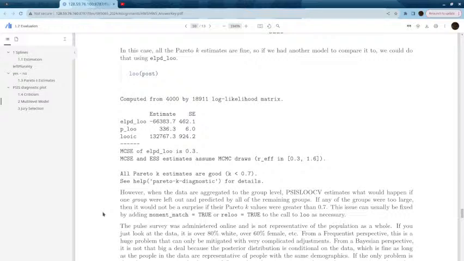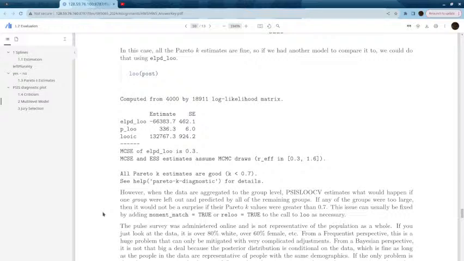But from a Bayesian perspective, it's not actually that big a deal, provided that the people in the data set are representative of the people that have the same demographics in the population. So if the only problem is that it's 60% female and almost 40% male or whatever, as long as the female and male people in the survey are representative of female and male people in the population, we can deal with it. If the only thing we have is that it's supposed to be 50-50 and actually is 60-40, then I'm talking about post-stratification.